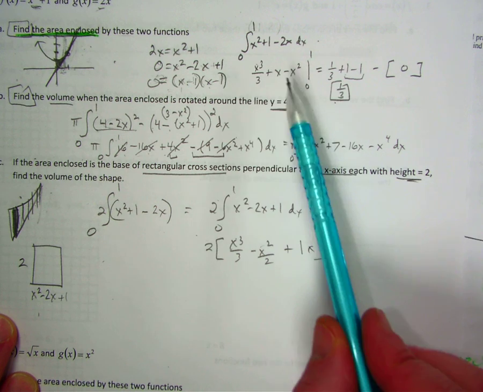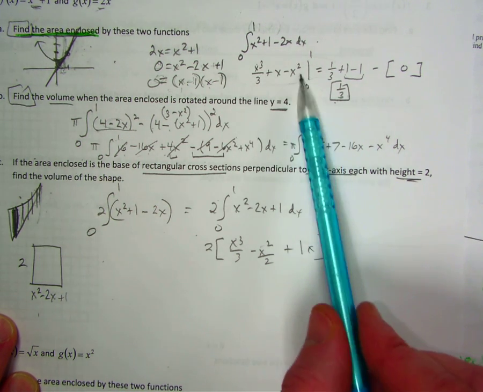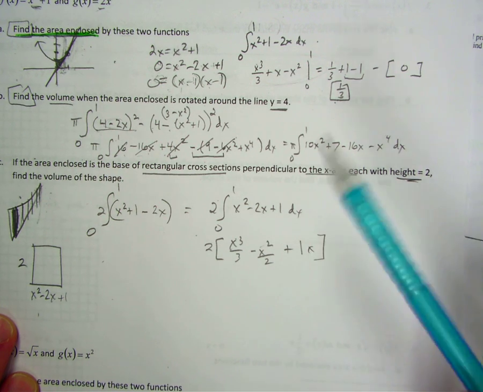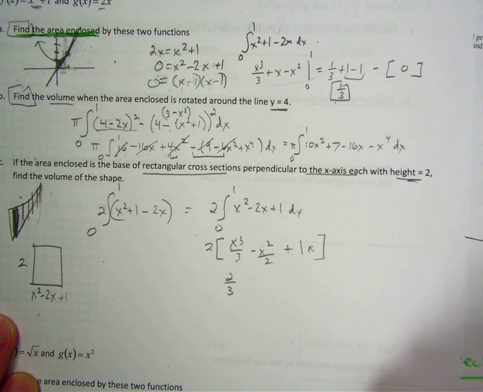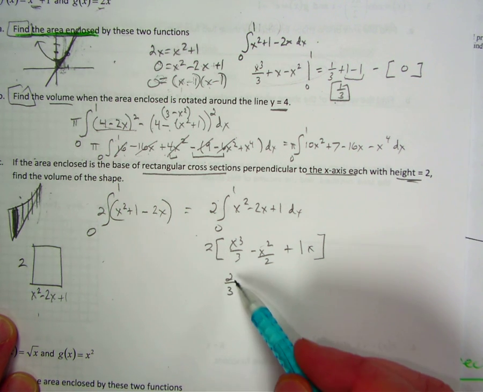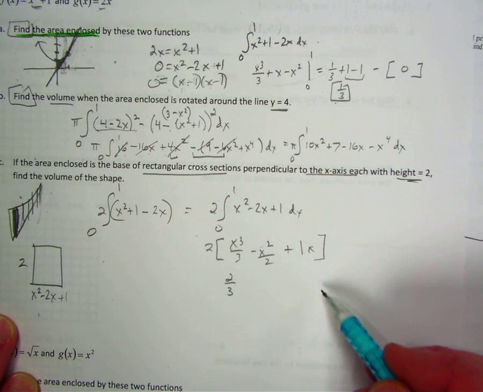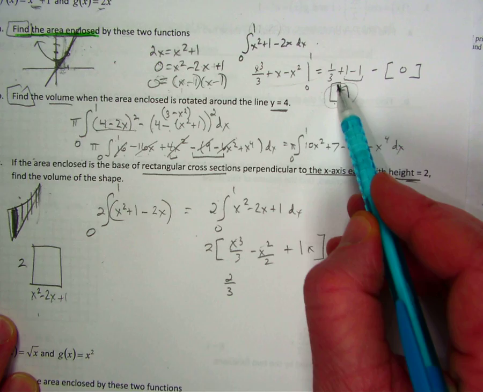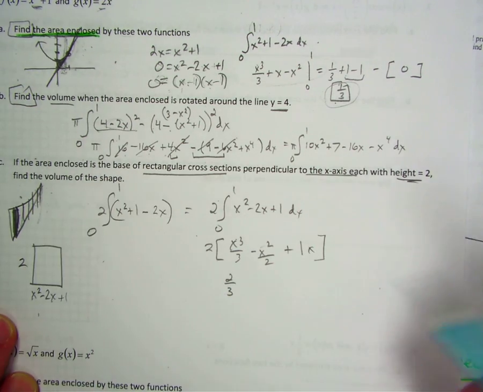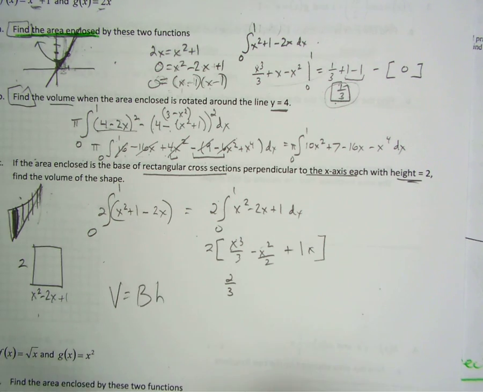And so we already actually integrated this up here, and we got 1/3, so that the volume is 2/3. And think about what volume is. The area of the base times the height is the volume. The area of the base was 1/3. We did that up here, and the height was 2. 1/3 times 2. This goes back to geometry. Area of base times height is volume.